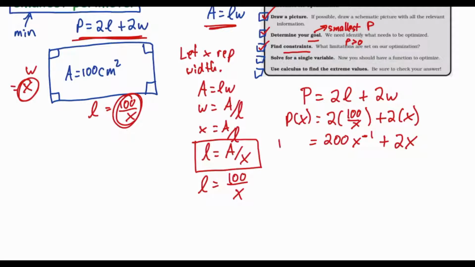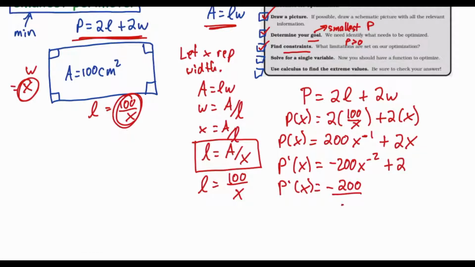Perimeter as a function of x, which is the width, and then the derivative, so my change in perimeter as my width changes, is going to be equal to negative 200x to the negative 2 plus 2, or we could rewrite it as negative 200 over x squared plus 2.